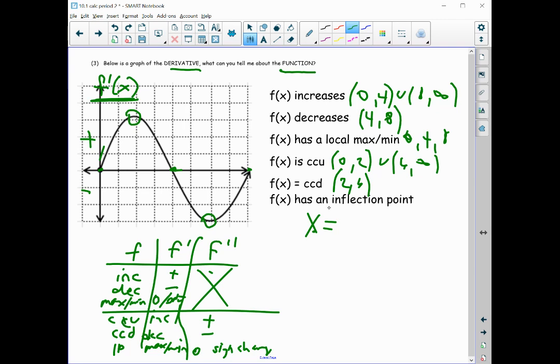So we ignore endpoints when we're talking about inflection points, because there is no change at an endpoint. It's just a start or an end. So we're looking for these maxes and mins that are in the interior of the domain, okay? So endpoints count as maxes and mins, but not for inflection points. Inflection points have to be sign changing, okay?